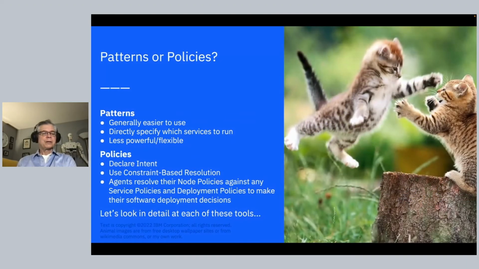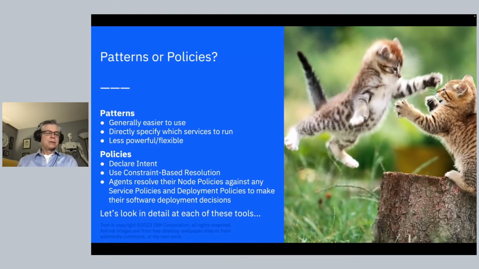So patterns or policies. Patterns are generally easier to use, and so we usually suggest that people start using software deployment patterns. And in them, you directly specify which services will run for anyone who is registered with a particular pattern. But it's much less powerful and flexible than the policy mechanism.